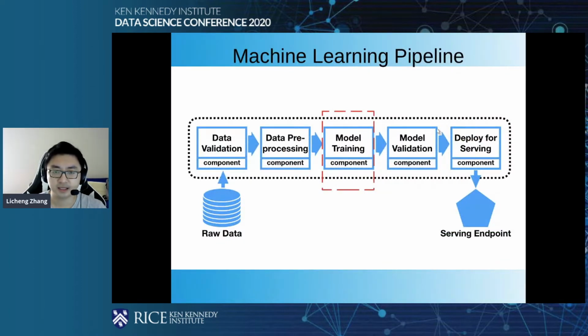From the data science perspective, what we'd like to have is a standard pipeline that can go from the raw data to the end for deployment. Today's talk is mainly focusing on the middle part. We're trying to use the interpretation technique to help improve the model performance.